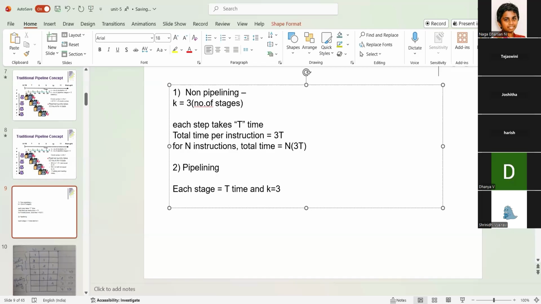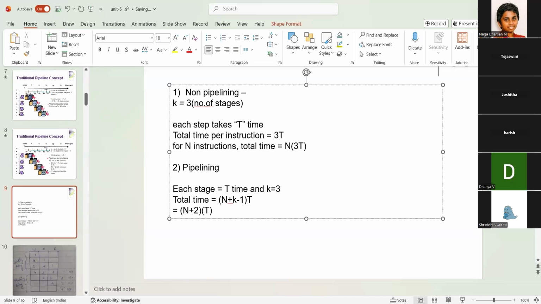Now I showed you the formula, right? The total time taken is equal to (n plus k minus 1) into t. Here, k minus 1 is 2, so it is (n plus 2) into t.